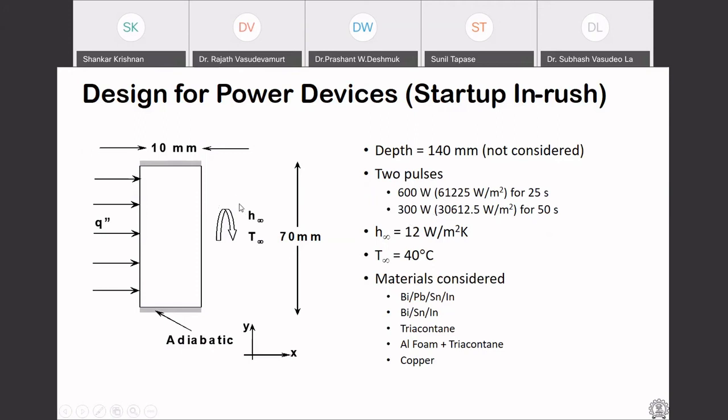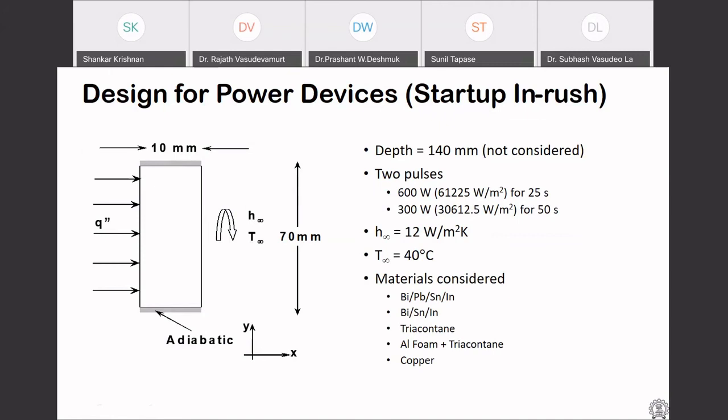And on the right hand side, we have a natural convection cooled system where the heat transfer coefficient is 12 watts per meter square Kelvin and ambient temperature is 40 degrees. So the goal is to see whether, for example, in motor drives, when we start the motor, the initial torque is so high that there is high initial inrush current.